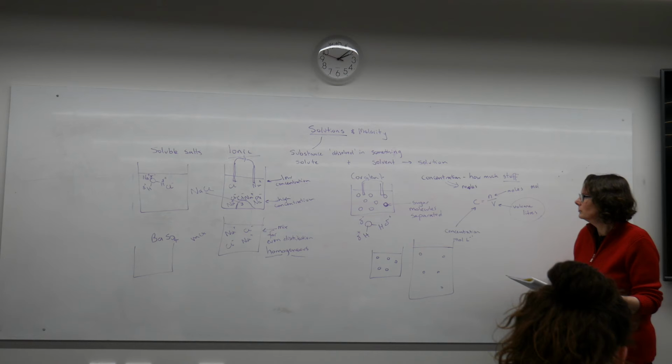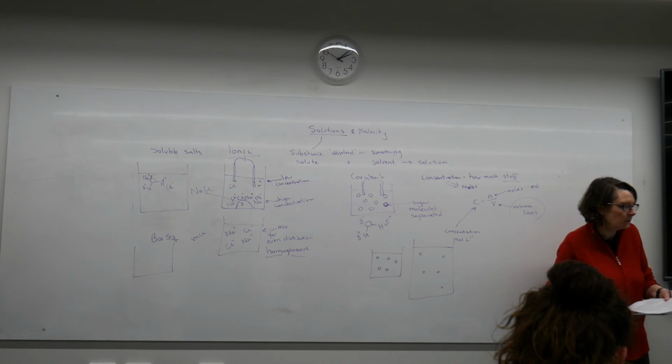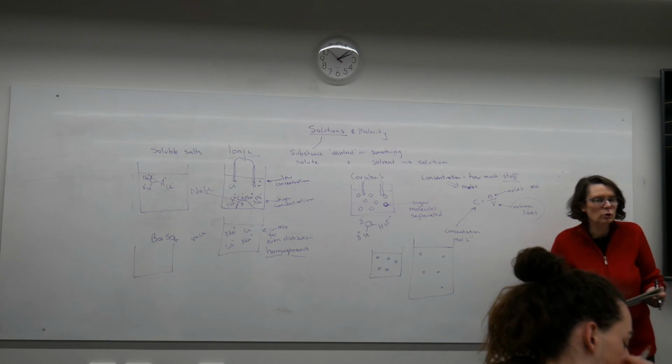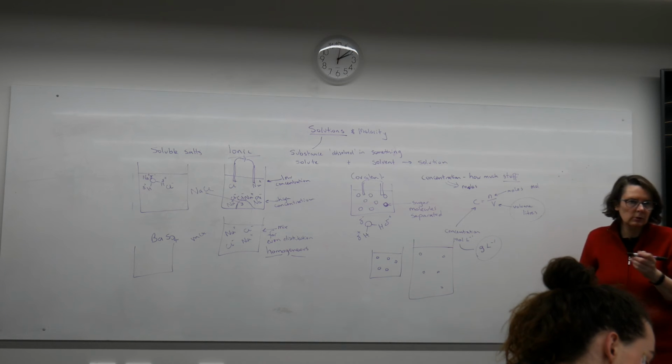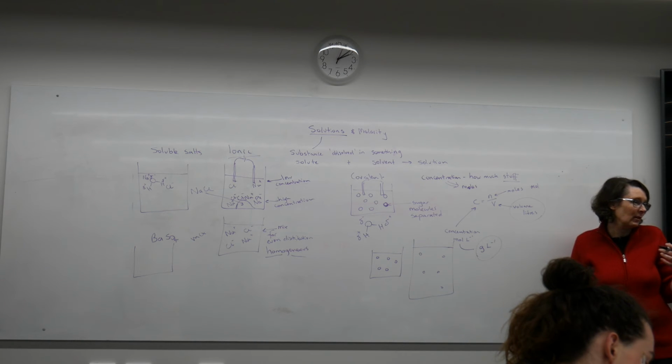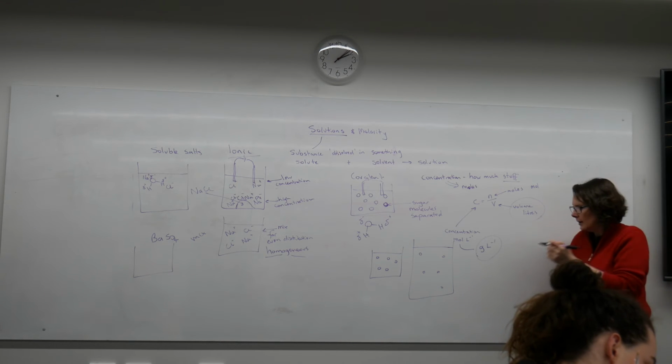The other relatively common way of expressing concentration could be in grams per litre. This one's actually really easy to calculate because most of our calculations start out with grams, or we go through our masses with our calculations anyway.